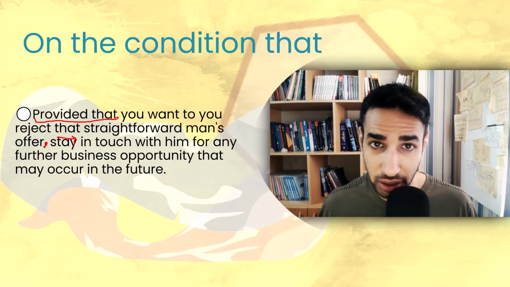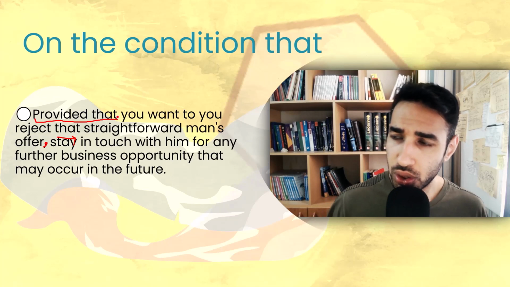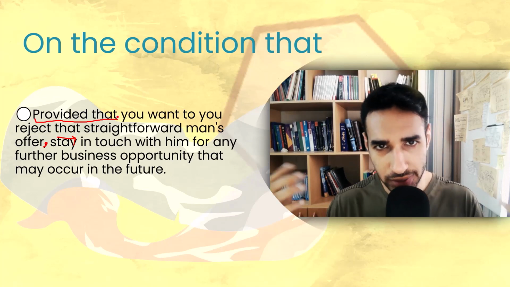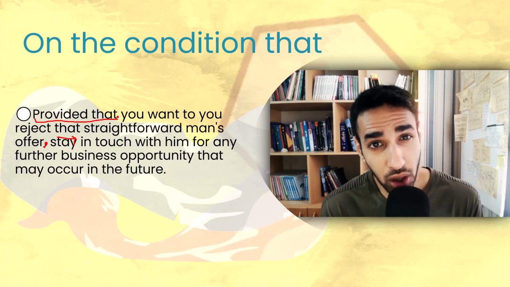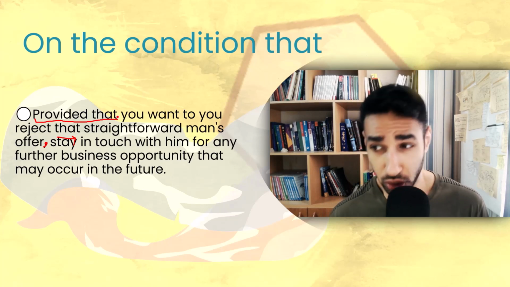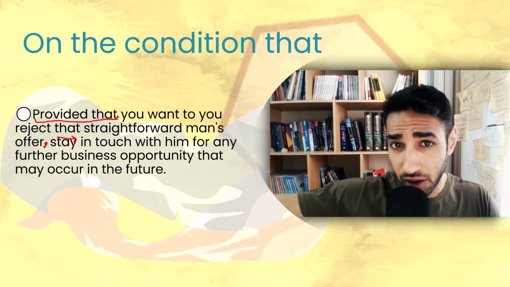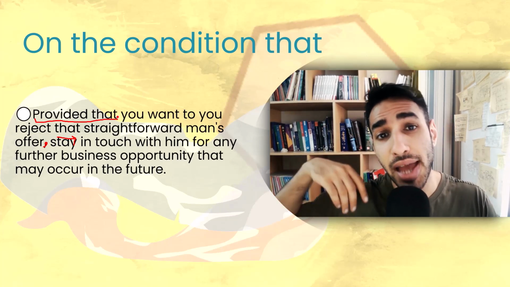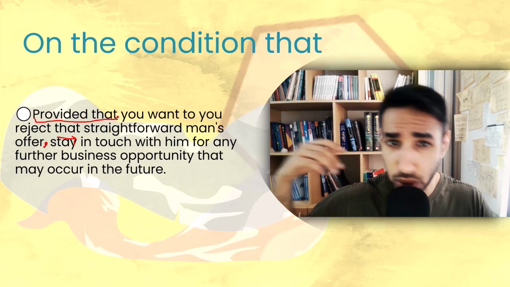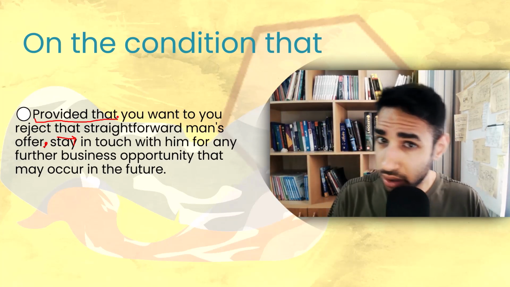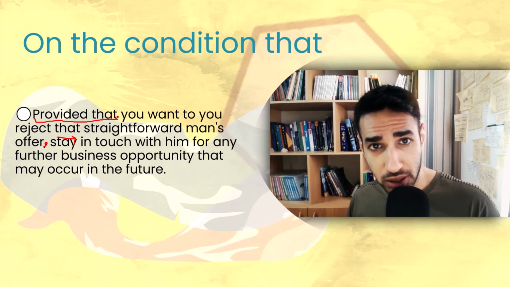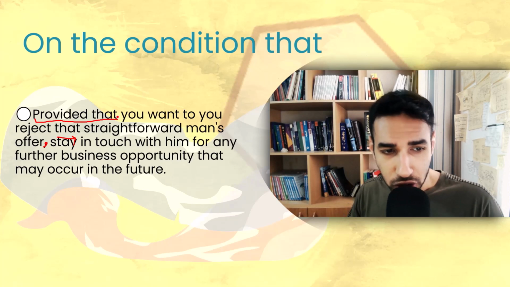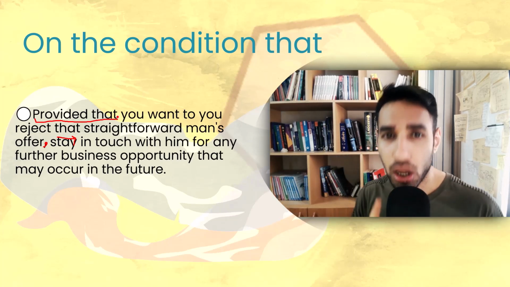Provided that means on the condition that you want to reject that man's offer. Straightforward means honest, a person who is not complicated, who is honest and open. So you want to reject that man's offer? If you want to do so, provided that you want to do so, as long as you want to do so, stay in touch with him for any further opportunities. Don't lose touch. Stay in touch.